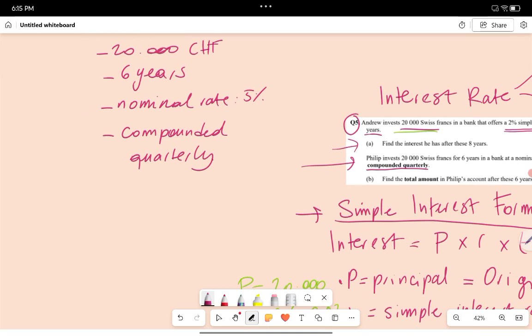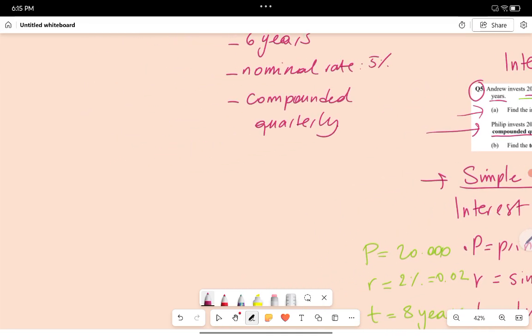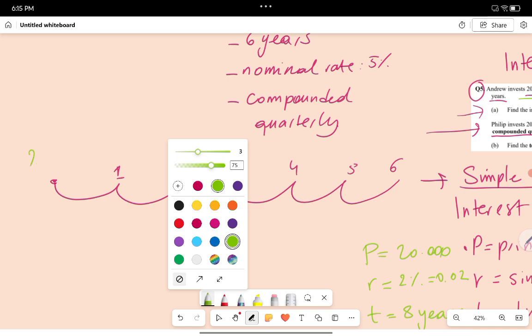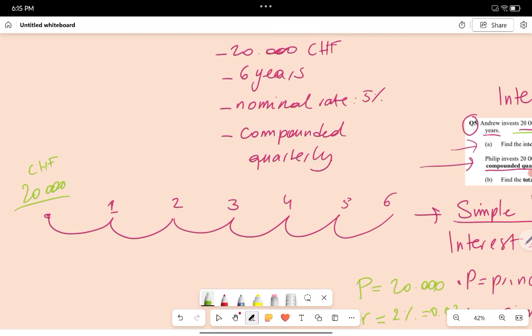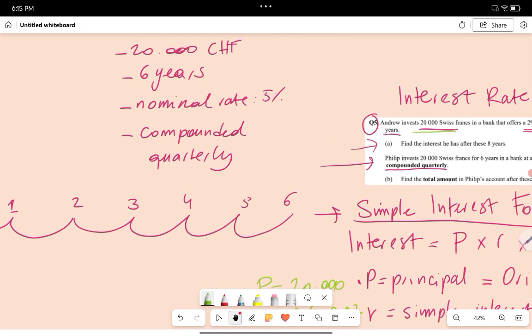Well, what we're going to do is draw a timeline. He starts here, and we've got 6 years, so 1, 2, 3, 4, 5, 6. This is after year 1, 2, 3, 4, 5, 6, and he has an initial 20,000 Swiss francs. We've got a nominal rate of 5%, but it is compounded quarterly.